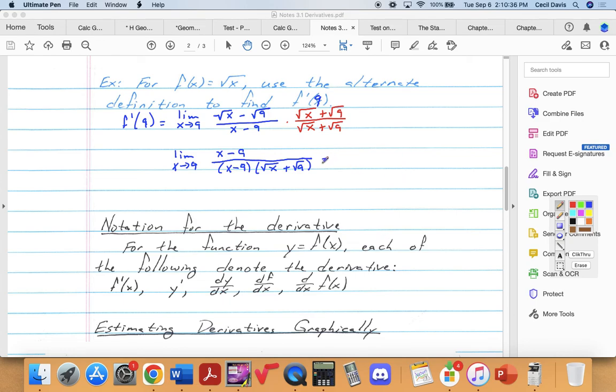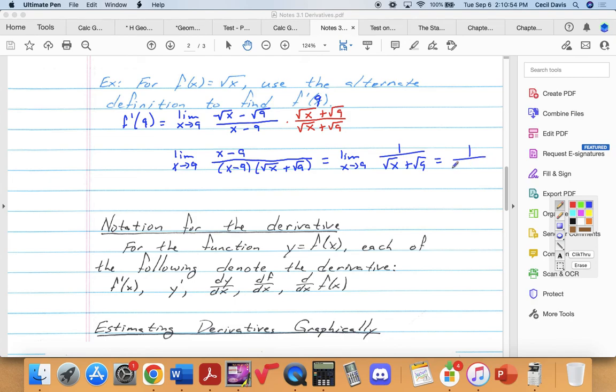The nice thing about that is the x minus 9's divide out. And we'll have the limit as x approaches 9 of 1 over the square root of x plus the square root of 9.